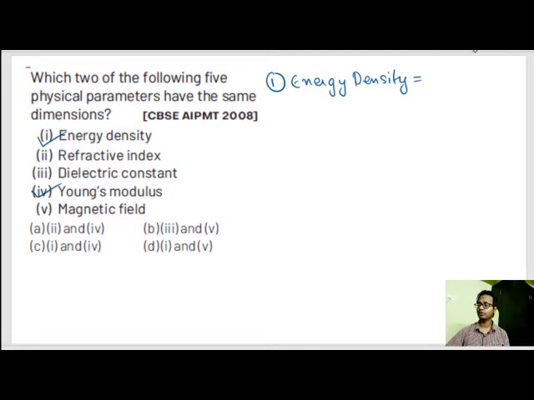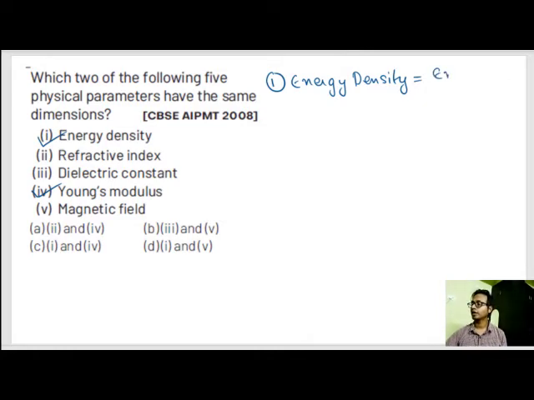So how do you know? These are certain terms where you can apply some common sense. Mass density is mass by volume, energy density is energy by volume, and entropy density is entropy by volume. Energy density is nothing but energy by volume.